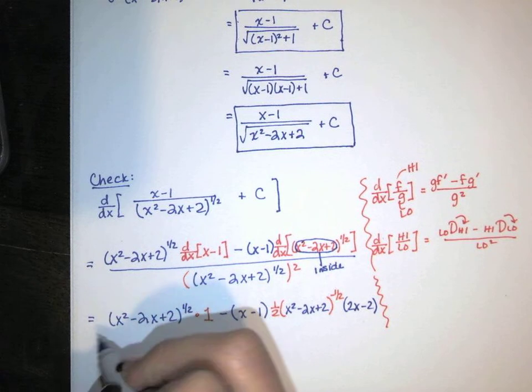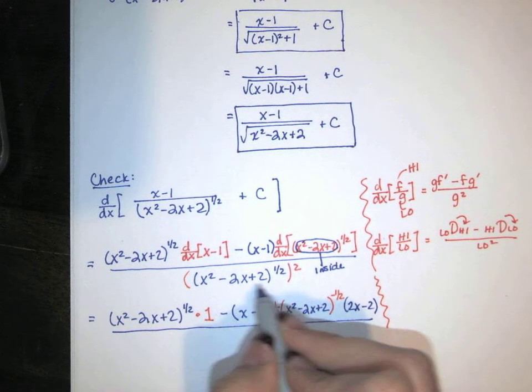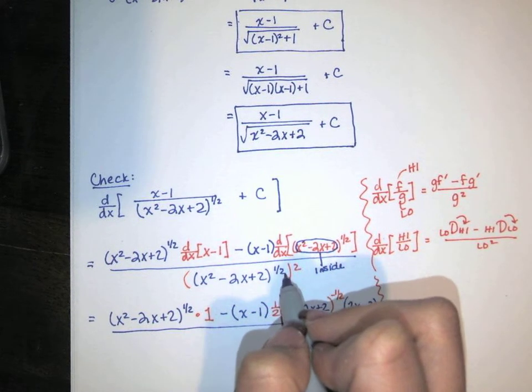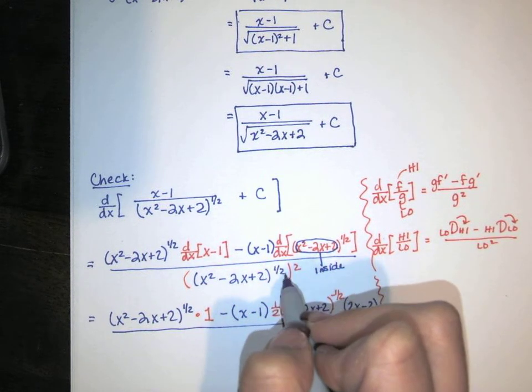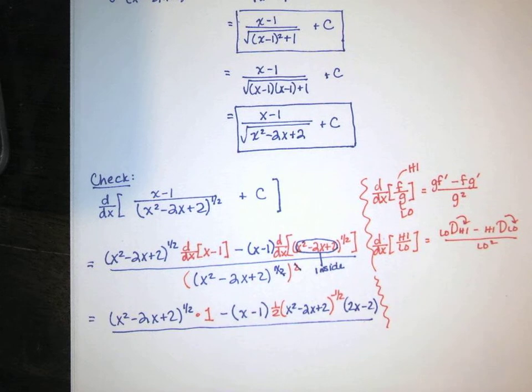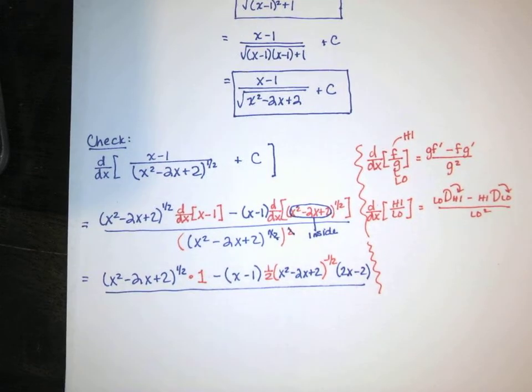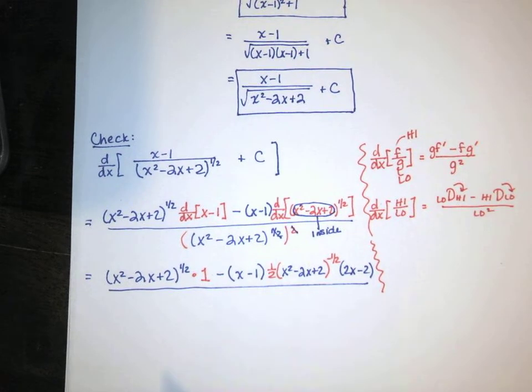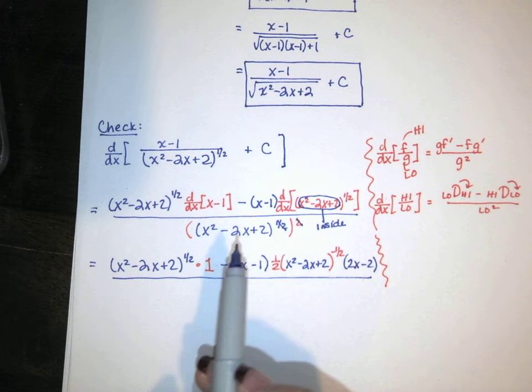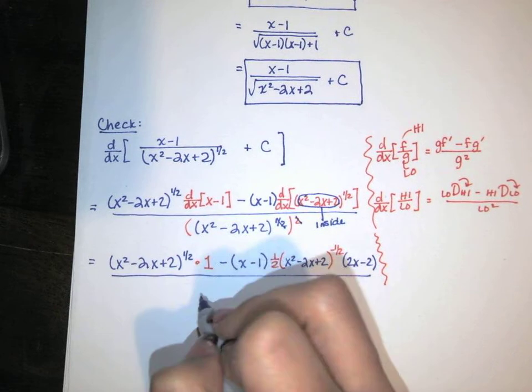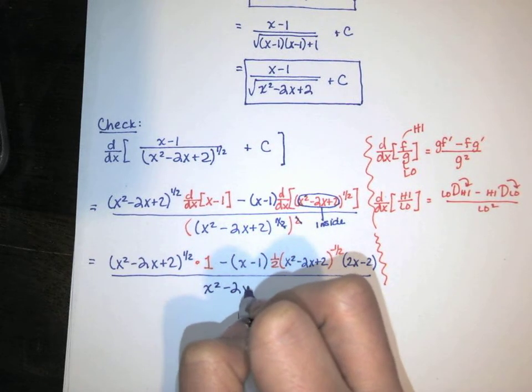All of that gets divided by all of this. If you square something and then you take the square root, or you take the square root and then you square it, it's going to get rid of that. As long as it's positive, but okay, we're not going to worry about those details right now. All right, so we've got x squared minus 2x plus 2.